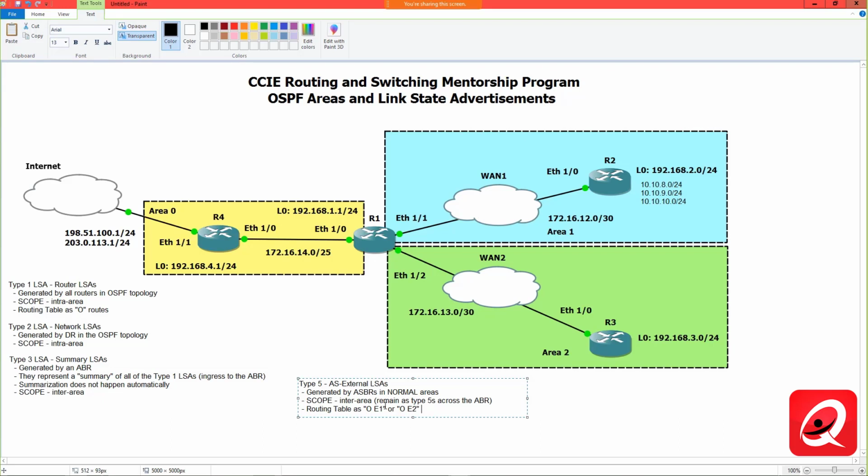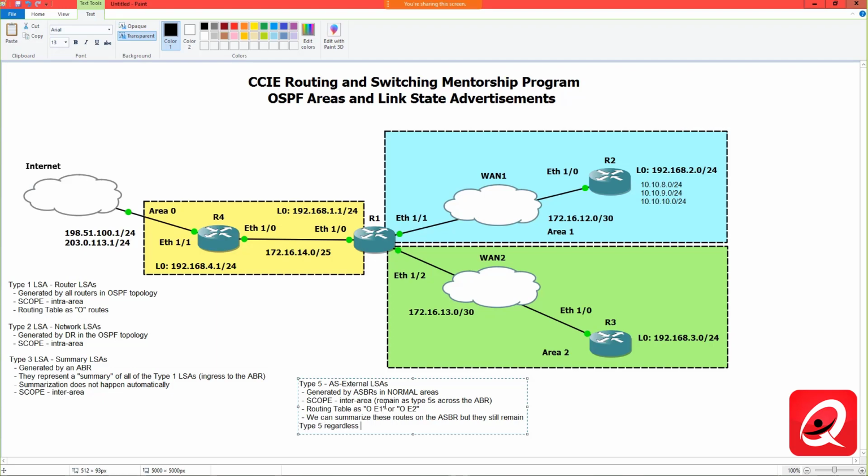The scope I already mentioned is inter-area. By the way, we can summarize these routes on the ASBR, and I will actually demonstrate that in a minute, but they still remain type 5 regardless.